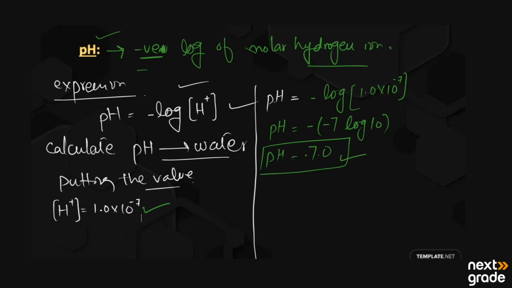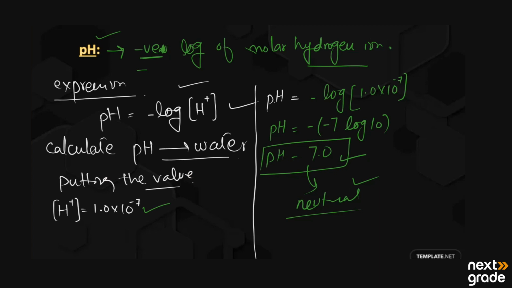If the pH is 7, the solution is called a neutral solution.